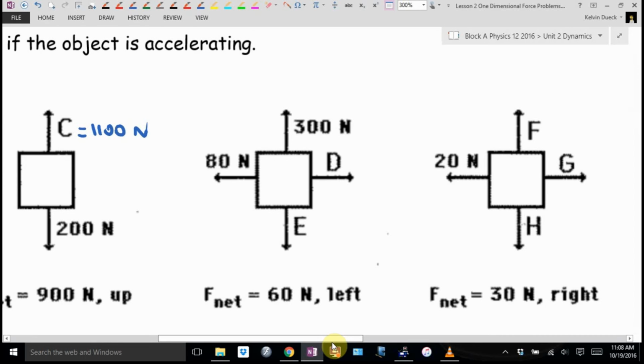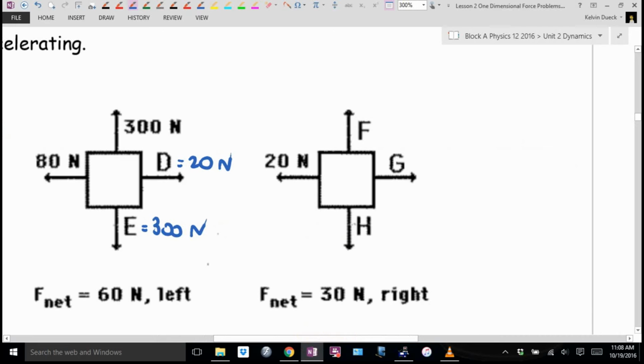How big does force D have to be? How big does force E have to be? How big does force F have to, you know what, let's do G first.